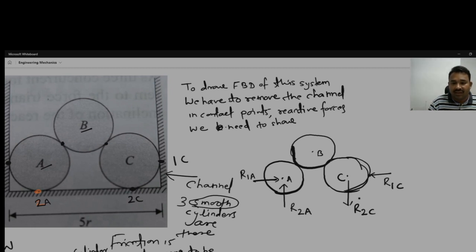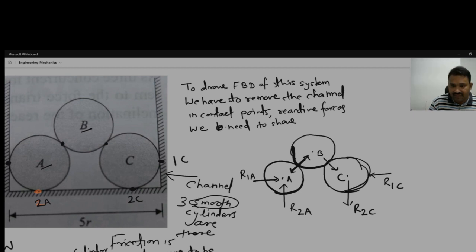And what about here? The reactive force, this one, this one, because A will apply some force on B, and B will also apply force on A, reactive forces.